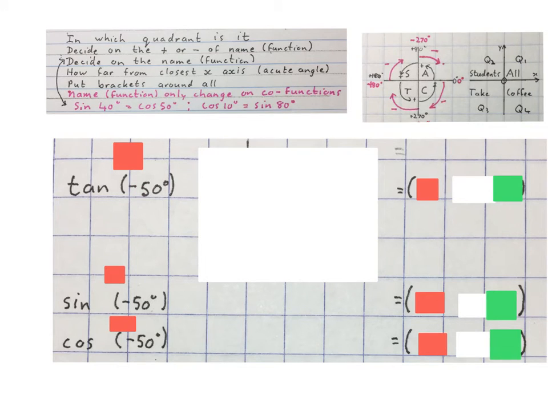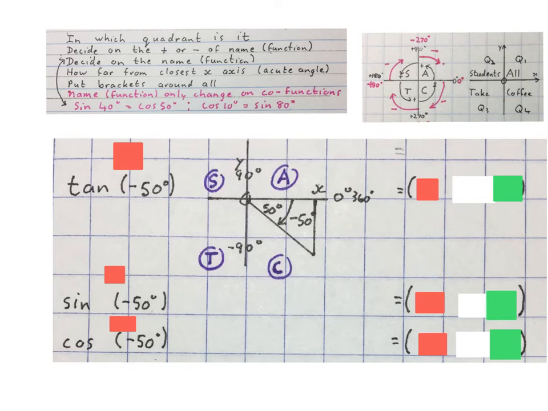Now let's see what we do if we run into negative numbers here. Again, we use the same method. We told you up here that we go in a negative direction. We're going to go in this direction. We start at 0 degrees and we go 50 degrees in this direction and draw the terminal arm.